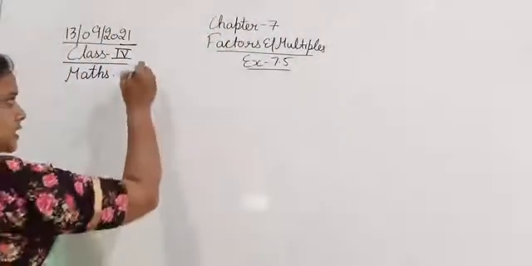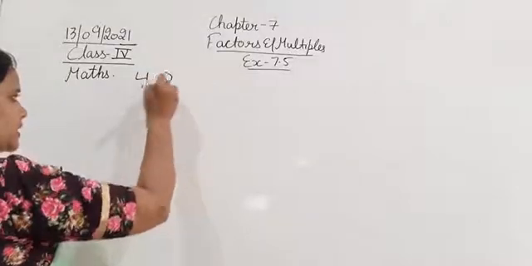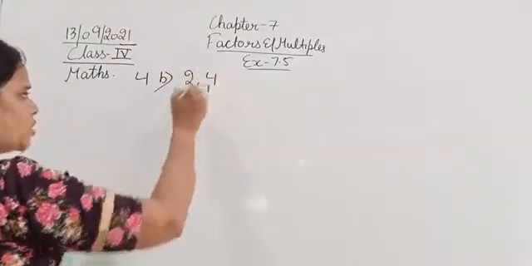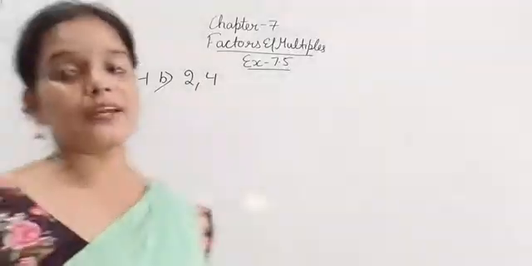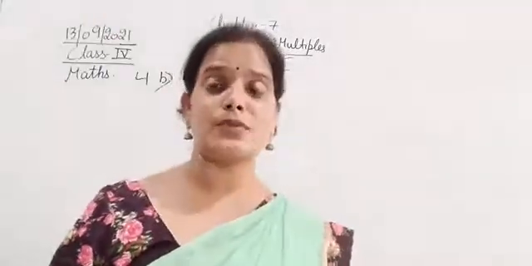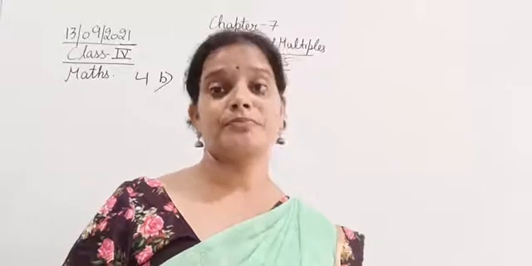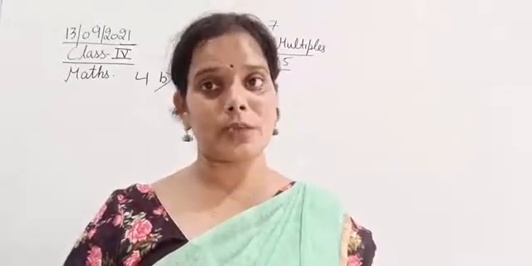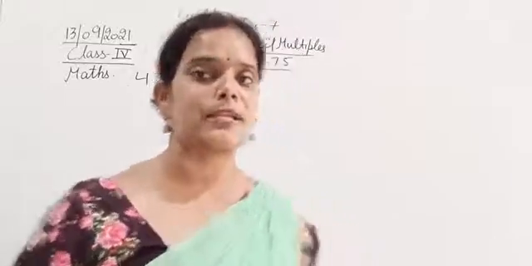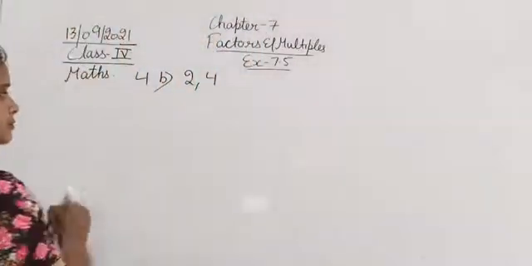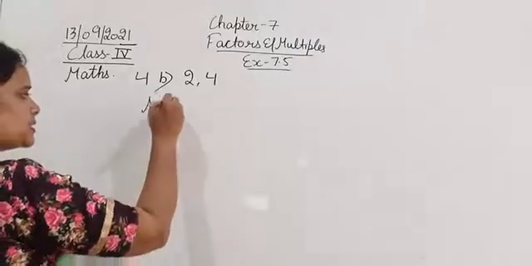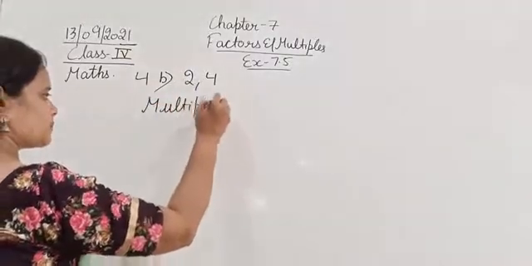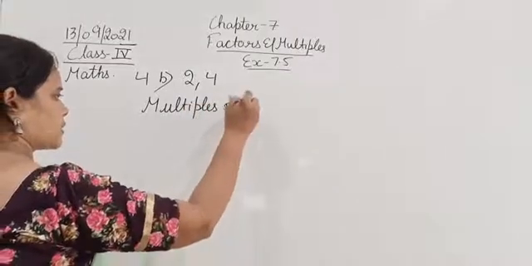So just like the previous question, the A part, we have to find the first 3 common multiples of 2 and 4. But before finding the common multiples, we have to find the multiples as well. So let's begin with the multiples of 2.